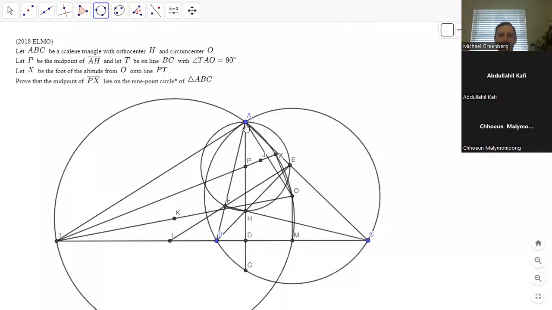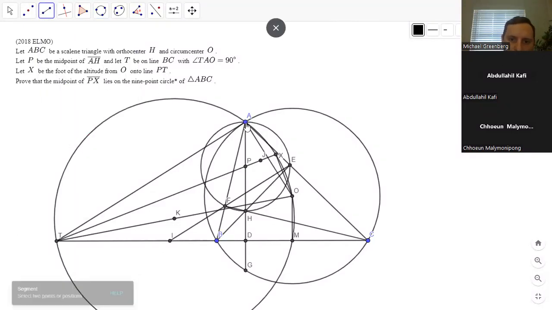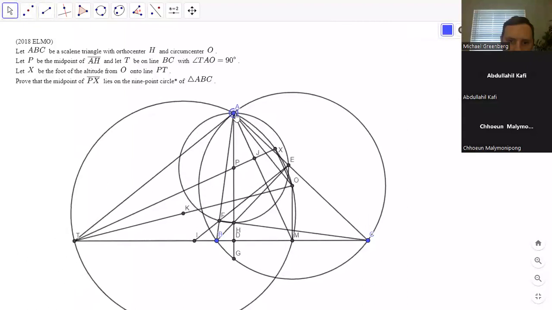I think that might be obvious because I think P is like the orthocenter of AMT. Okay, so I think it might not be that hard to prove that those are collinear and perpendicular.